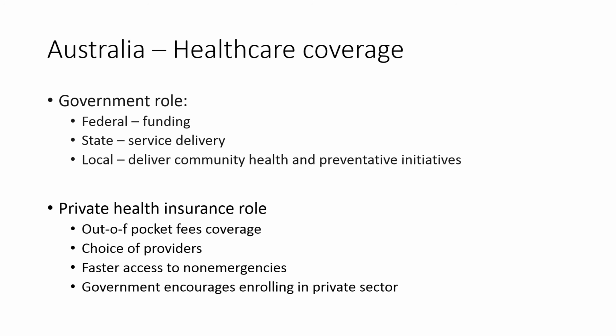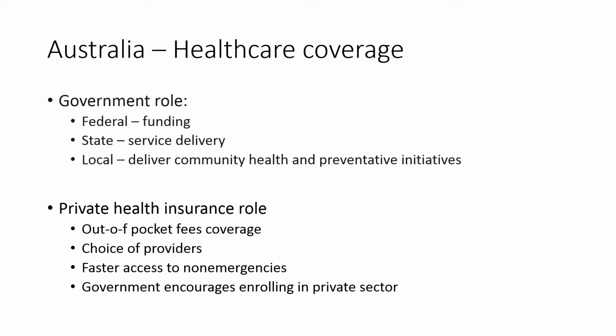So for the private insurance, it's readily available and offers coverage for out-of-pocket fees and private providers. You have a choice of providers, as I was talking about with private hospital services. You have fast access to non-emergent services, and you get rebates for selected services. You get insurance for hospital care, treatment, and ambulance services.